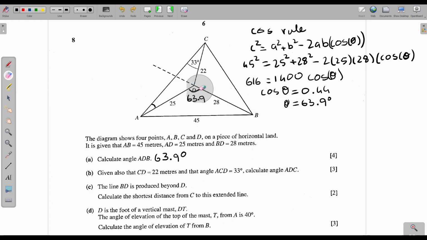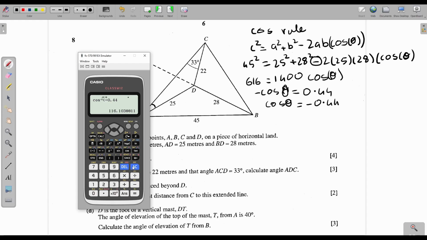So I did make a mistake here, actually. The thing is that cos was actually negative. So cos was actually negative here, which means cos of theta would be negative 0.44, and the answer we would get would actually be cos inverse of negative 0.44, and that would give us 116.1.